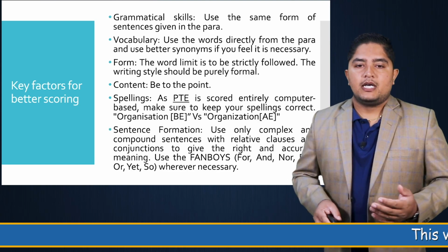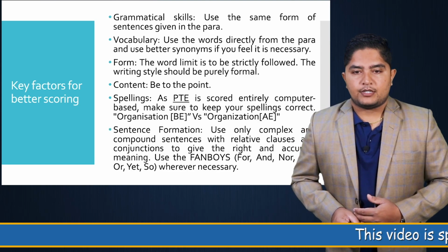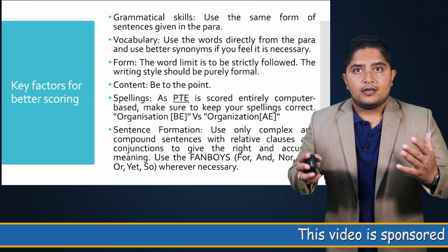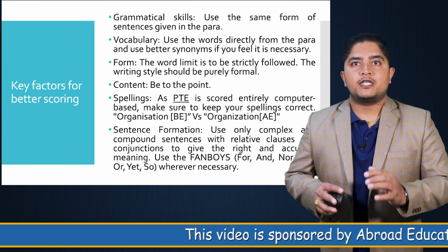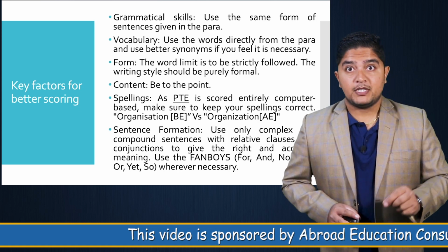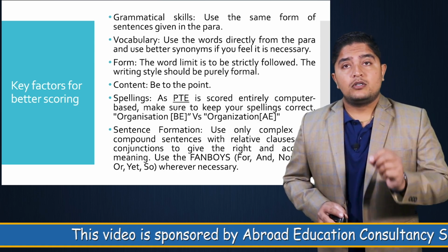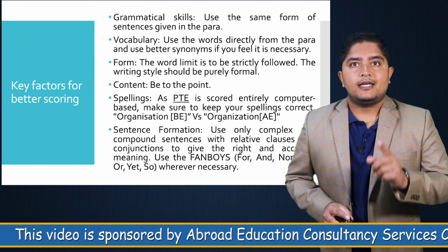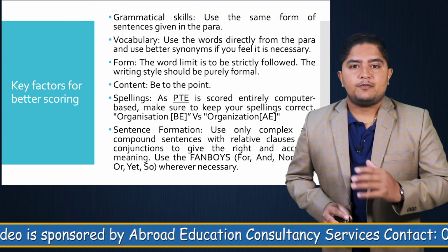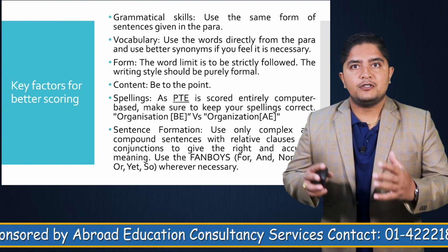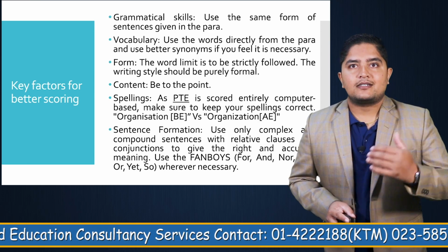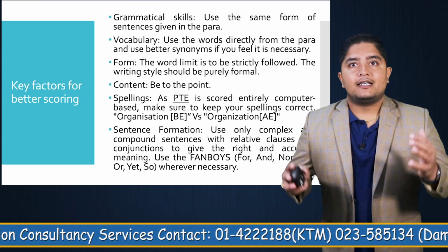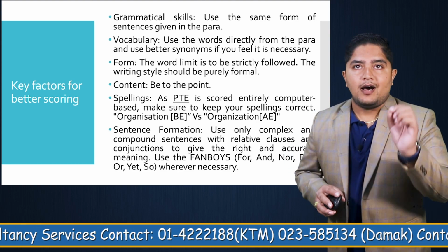And next one is, of course, sentence formation. While forming a sentence, I have already said that you are not supposed to write more than a single sentence. It means you are not supposed to use more than one full stop in your writing. That means you have to use different connectors to make your sentence longer, with the inclusion of multiple ideas.